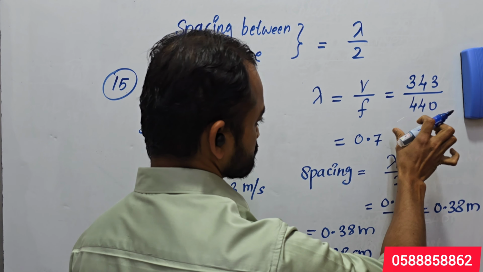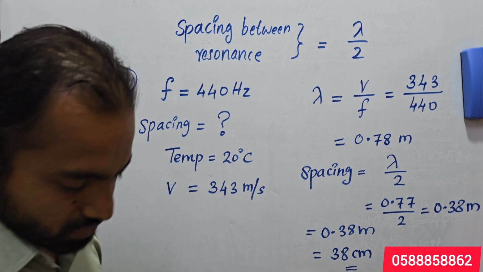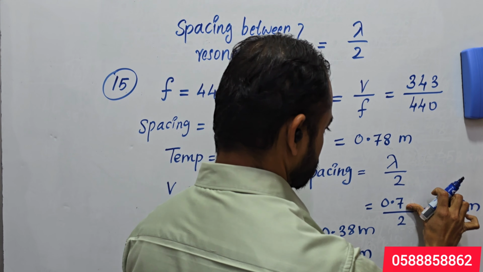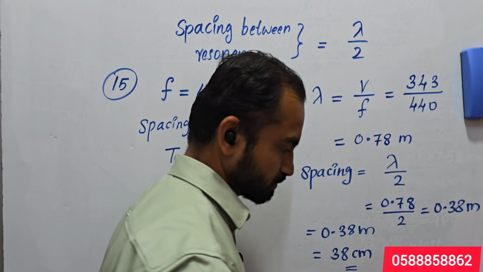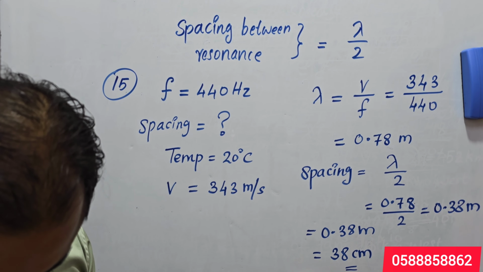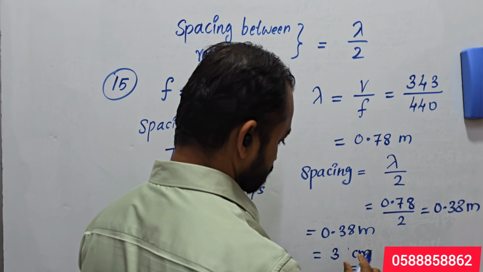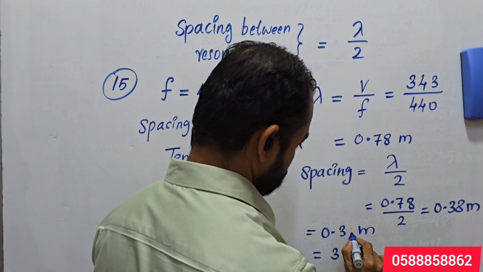Because 0.779, right? So 0.78 you write. So 0.78 divided by 2, right? So it will be 0.39. So 39 centimeter. That's correct.